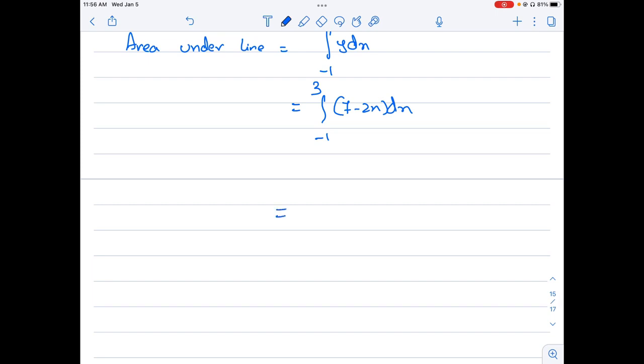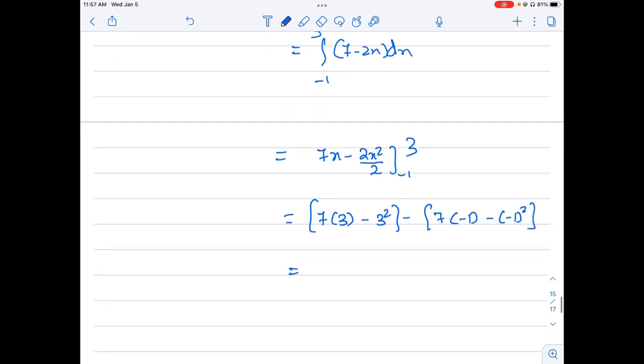So that becomes 7x plus 2x square upon 2 from minus 1 to 3. Simplify that. Substitute the upper limit 3: 21 plus 9, minus the lower limit: minus 7 plus 1. So it becomes 21 plus 9 minus 7 plus 1. So that becomes 21 minus 9 is 12, 17, 19, 20.